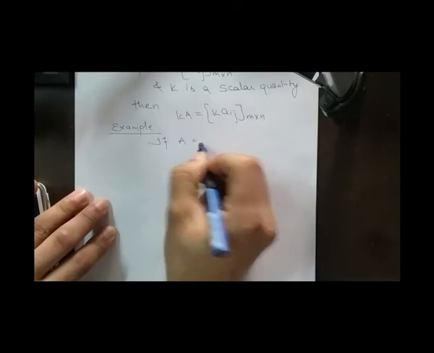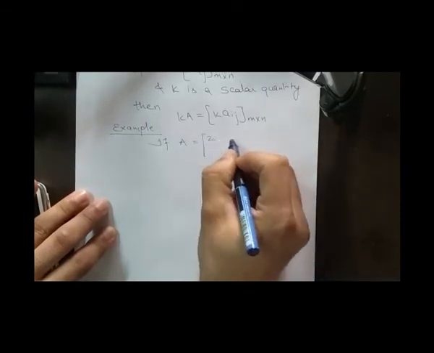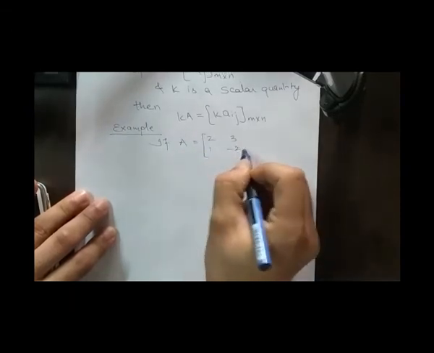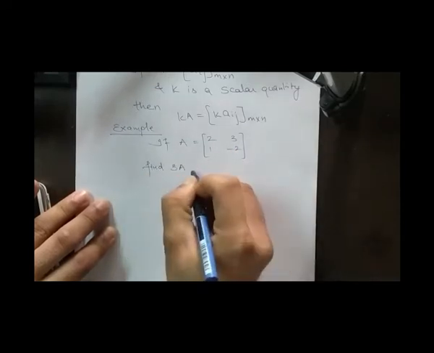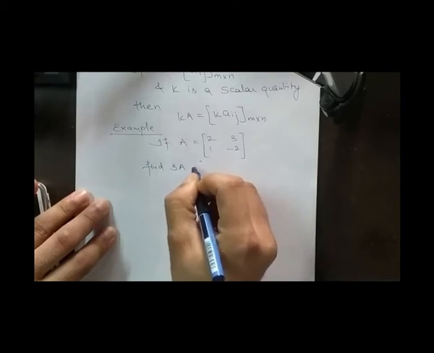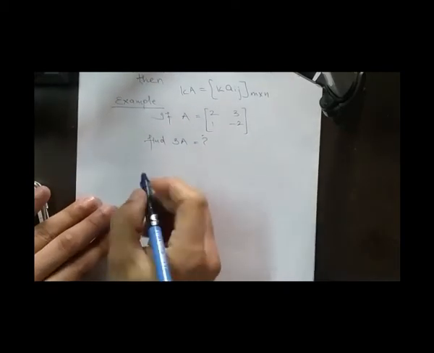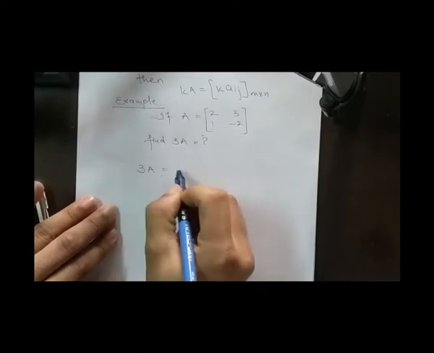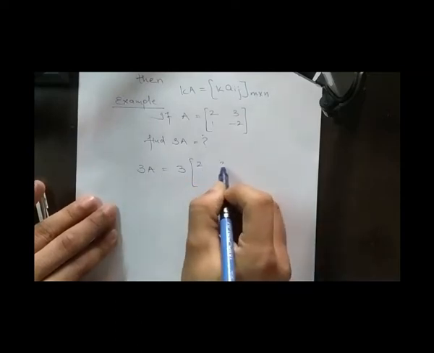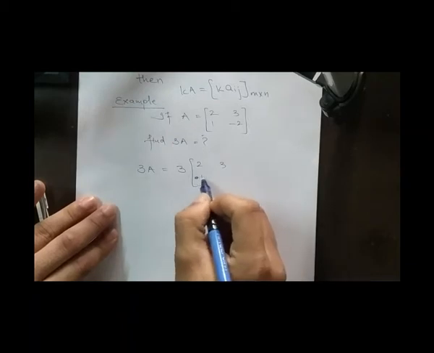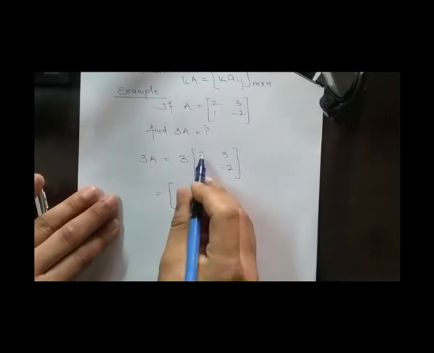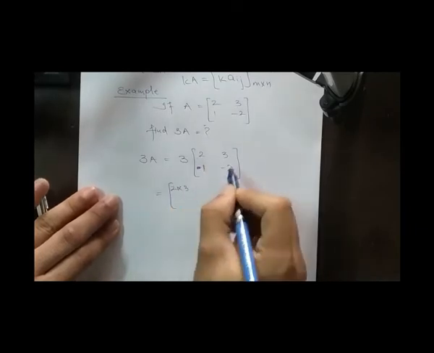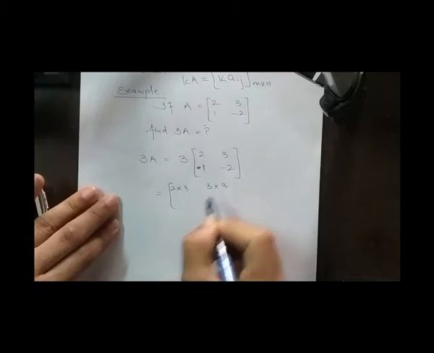For example, if A is a matrix given by 2 3, 1 minus 2, and we have to find 3A, then 3A is equal to 3 into 2 3, 1 minus 2, and it becomes 2 into 3, 3 into 3, 1 into 3, minus 2 into 3.